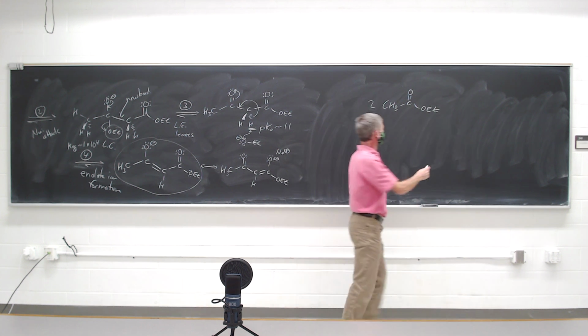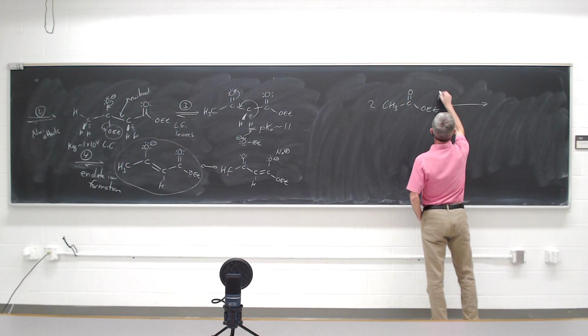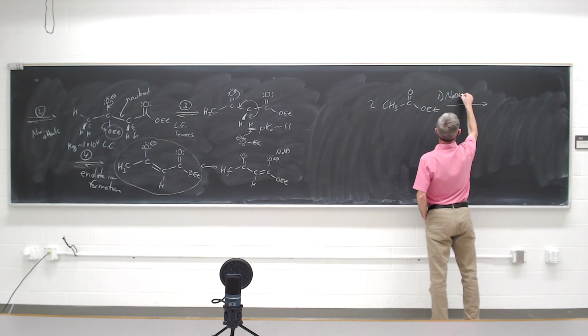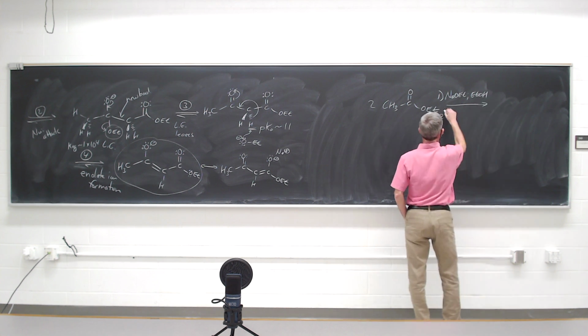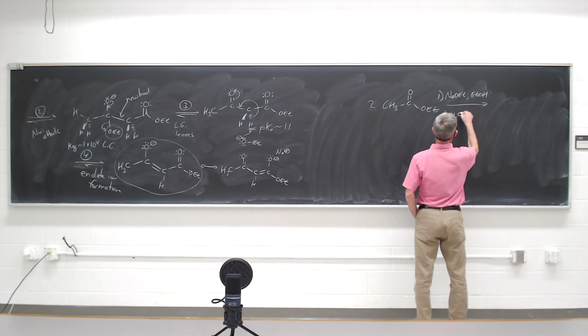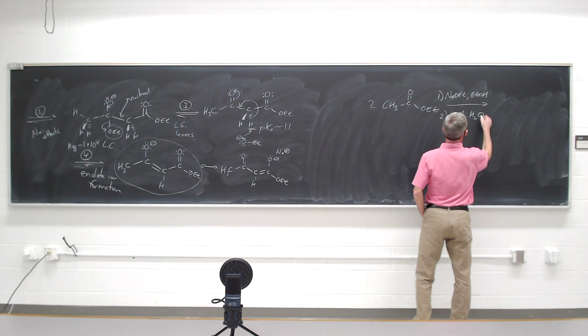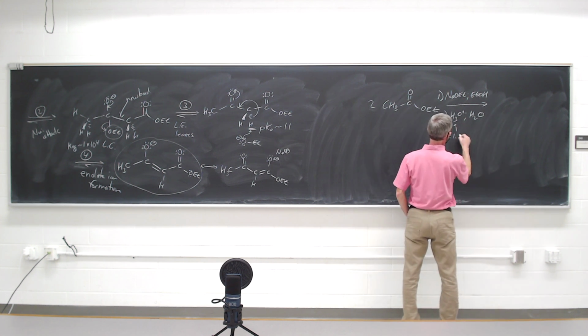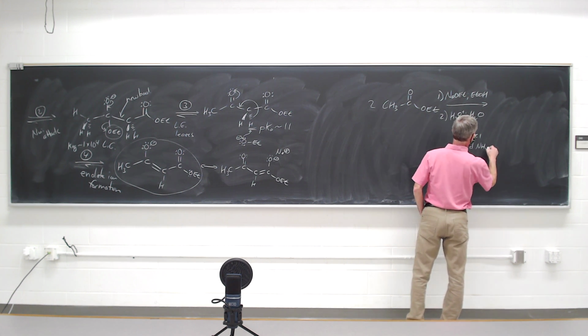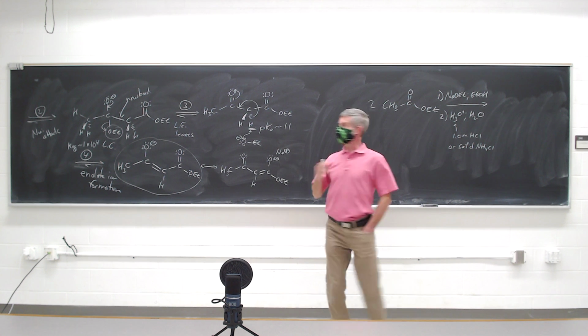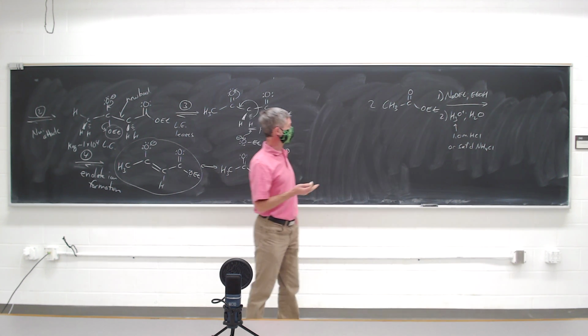The 2 molecules of ethyl acetate, step 1, sodium ethoxide, methanol, and step 2, the aqueous acid workup, and this is usually either 1 molar HCl or saturated ammonium chloride. So without the acid workup step, you don't actually get the beta keto ester as the product.